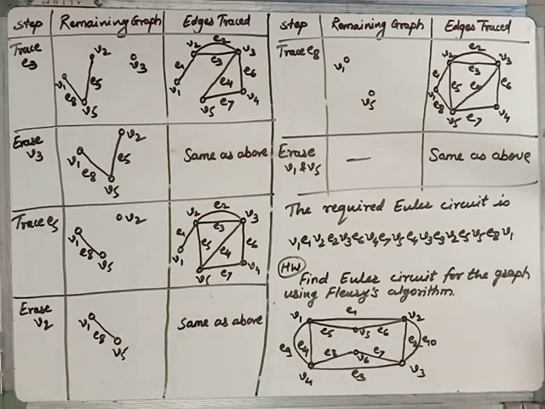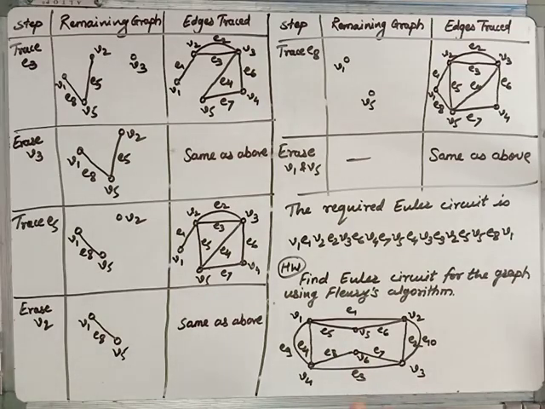This is the graph, suppose. Now find the Euler circuit for this. Check: this vertex has degree 4, 4, here also 4, 4, here 2. So the degrees are even, so we can say it has an Euler circuit. So determine that one.